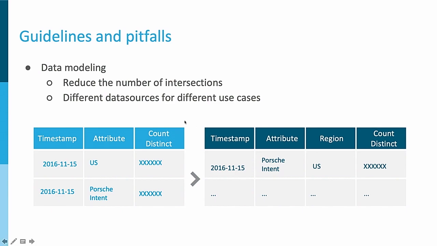Another thing you can do is have different data sources or tables for different use cases. For example, if you need very fast queries and you can tolerate a bit lower accuracy, you can have data sources with relatively low K, say K equals 4,000, the K that Yakir mentioned. You'll have very fast queries, maybe a little less accurate.